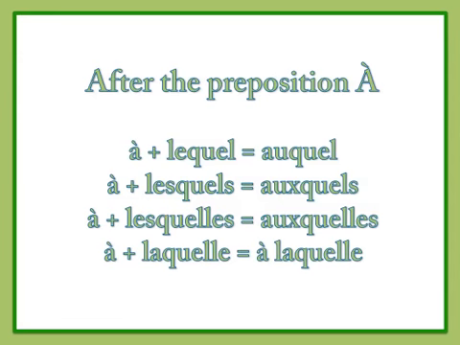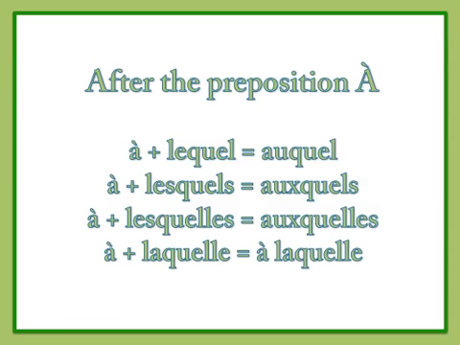À plus lesquels becomes auxquels, because à plus les is aux. And notice there that I put an S on the end of the word to make agreement. Now, à plus lesquelles, this is the feminine plural form, becomes auxquelles.